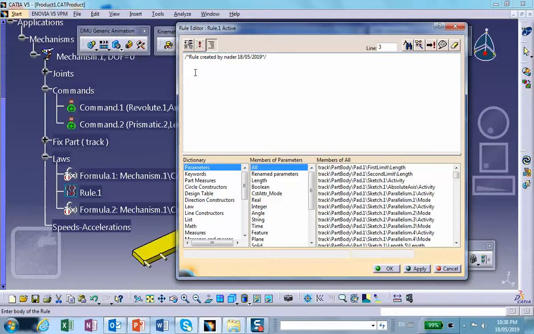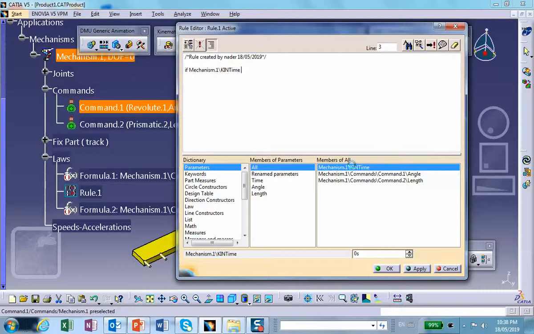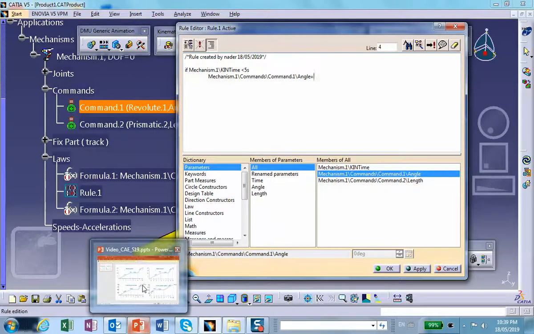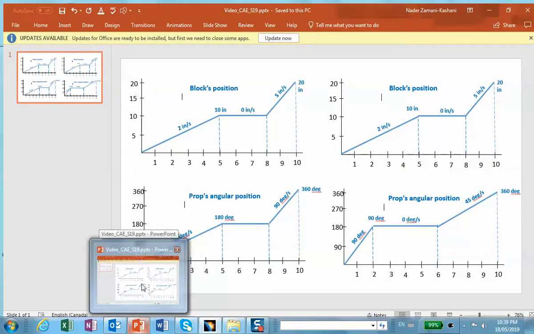So, if time is less than 5 seconds, okay, then the angle equal to, just look at this graph, the angle is equal to 180 degrees in 5 seconds.